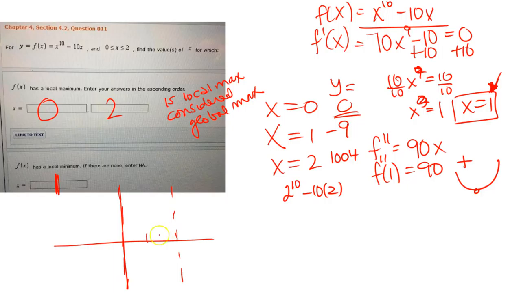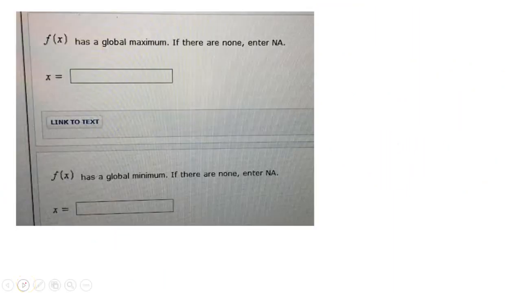What we're going to find is this thing goes way up. So this hits here, comes down to negative 9, and then goes way up. So that could be considered a local, and that could be considered a local. So 0 and 2. And then 1 is our local minimum. It happens to be our global minimum, right? If we look on the next page then, if it has a global maximum, the one largest maximum point in that interval has to be 2. It's the largest y in the interval.